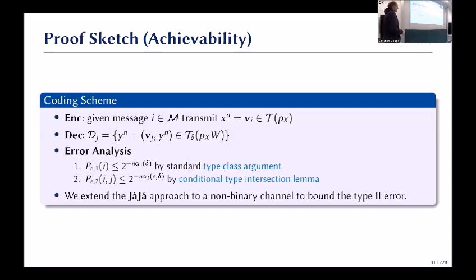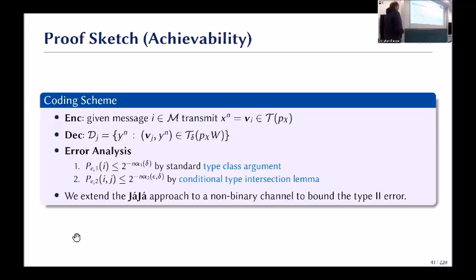So the idea, somehow it's a combination of Yaya's ideas and Isaac's ideas. So as I told you, what we use here is a typical encoder, which you know perhaps from Shannon theory. So given a message i, we transmit an x^n, which is in the typical set of P_X.